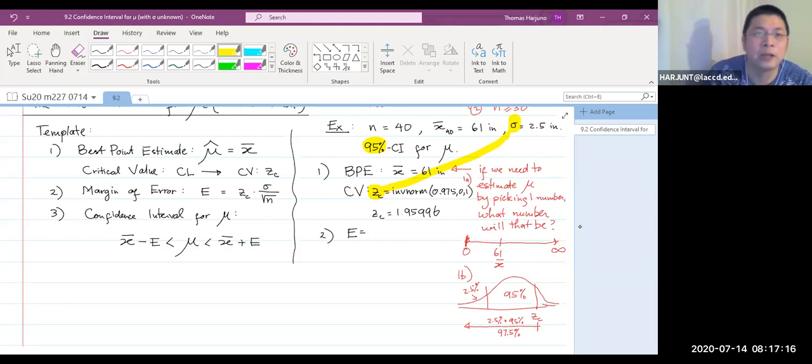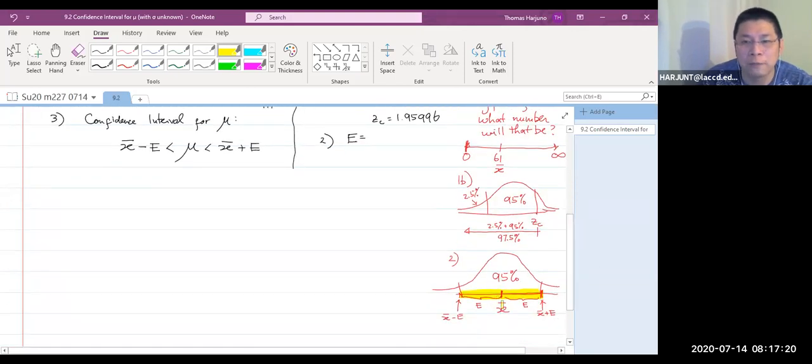Now the question is, how do we know how far to the right and to the left from X bar we should go, which we call the margin of error.